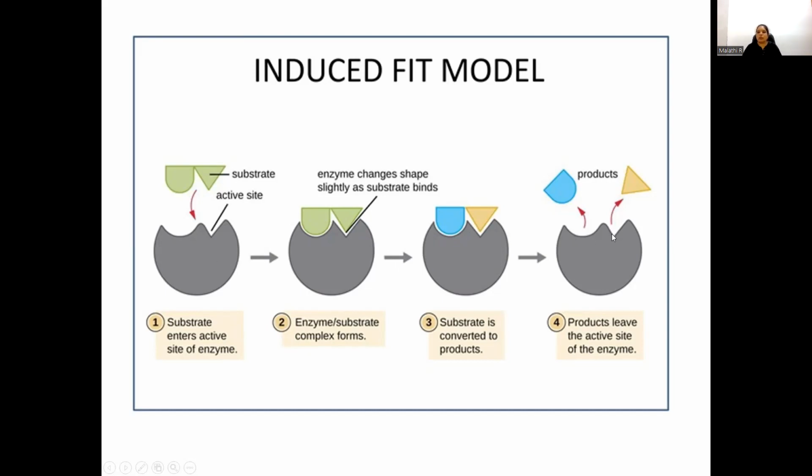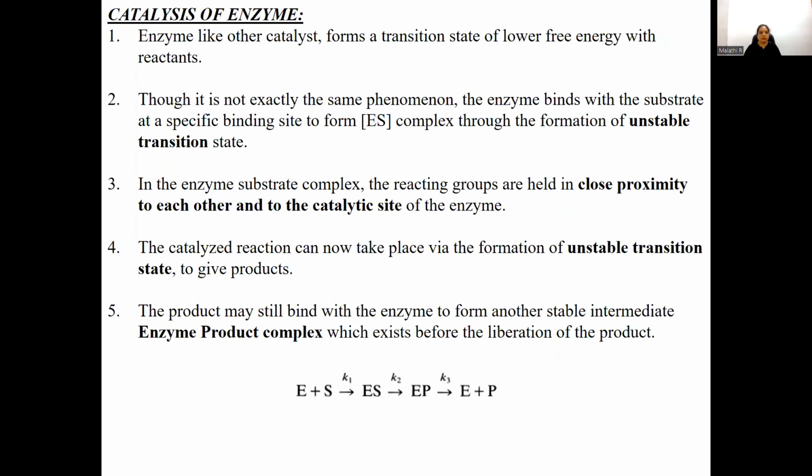Then the E and S produce product, and the enzyme reverts to its original conformation. So according to the induced fit hypothesis, the substrate approaches the enzyme, and the enzyme changes its conformation according to the substrate to form the enzyme substrate complex. Then product and enzyme are produced.